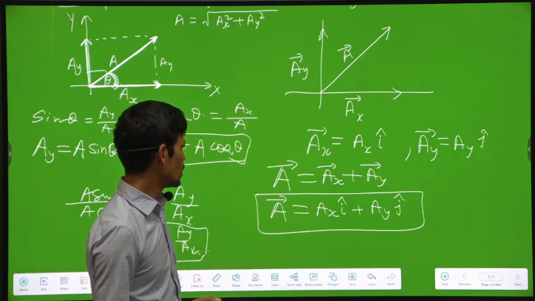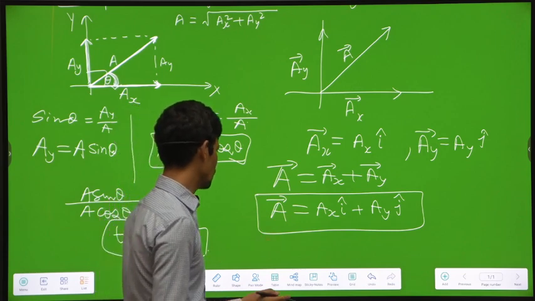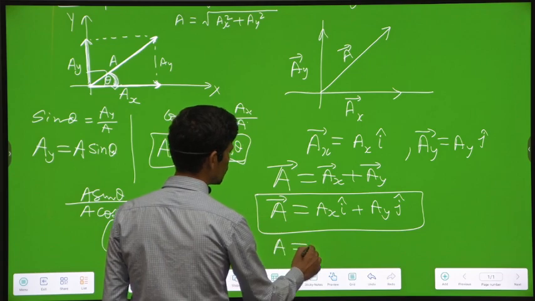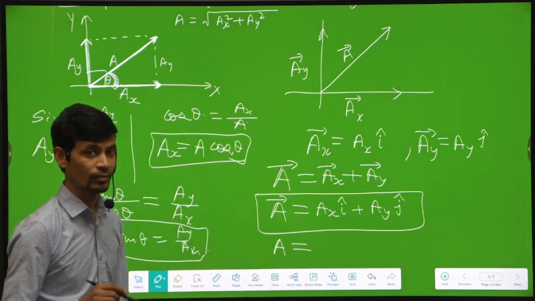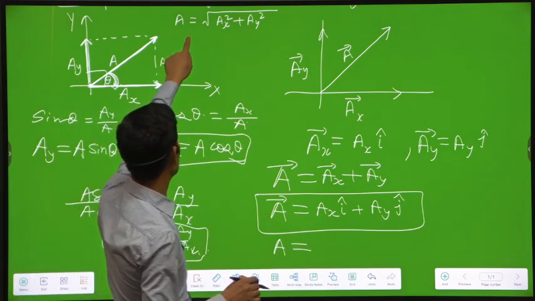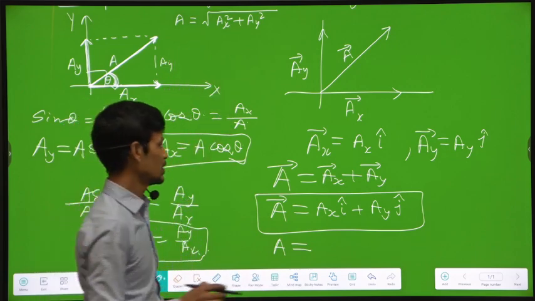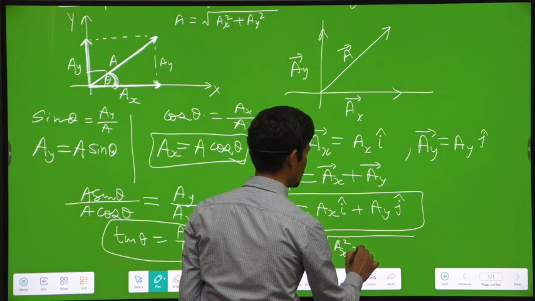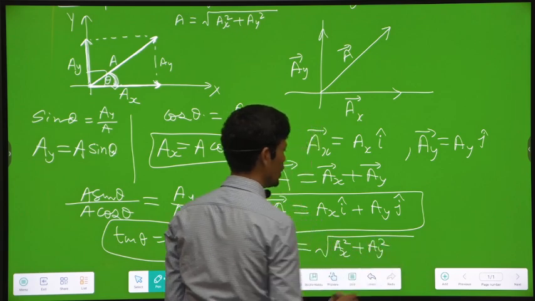So this is its vector value. So what is its magnitude value? Now see, we have already obtained this. So here it is, root of ax square plus ay square.